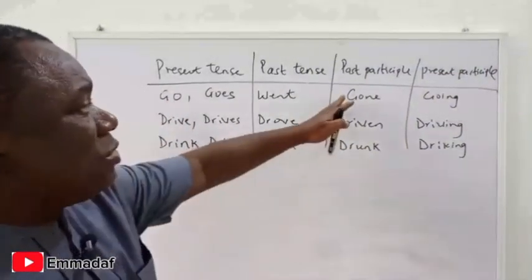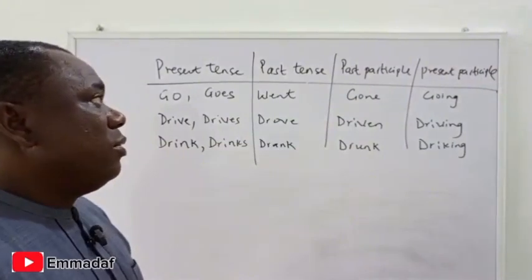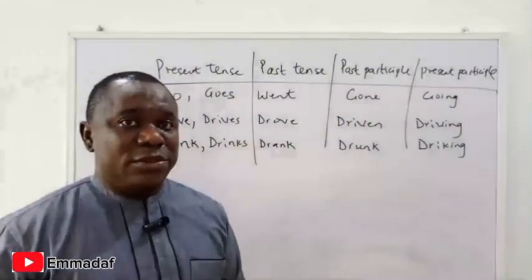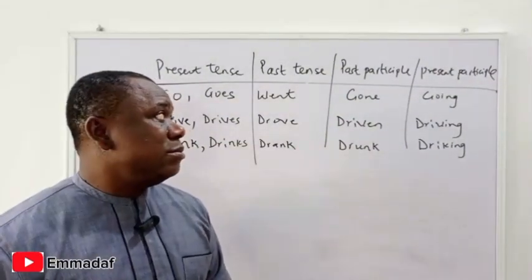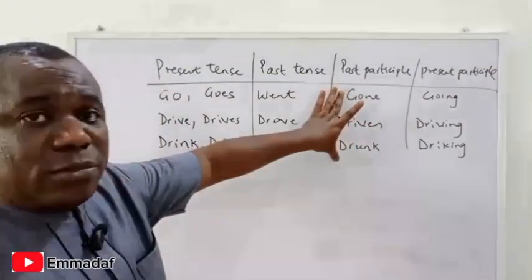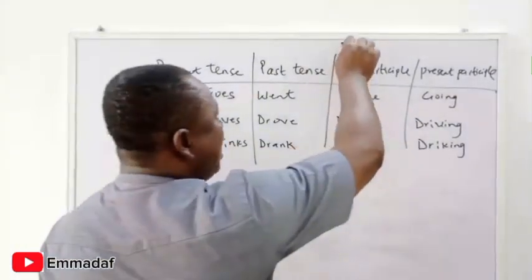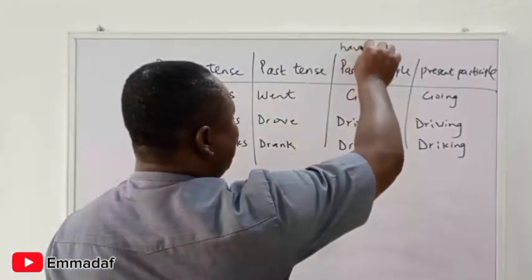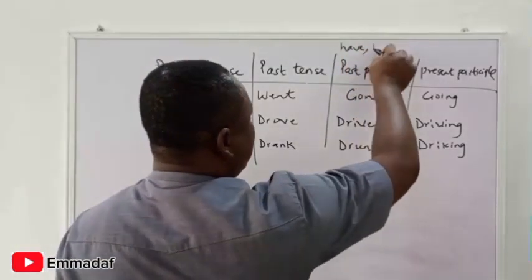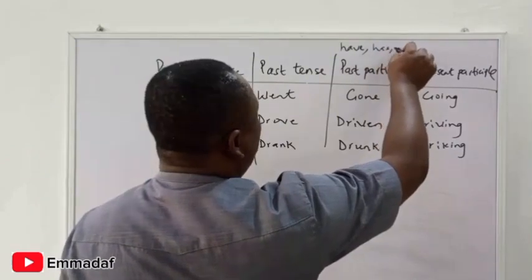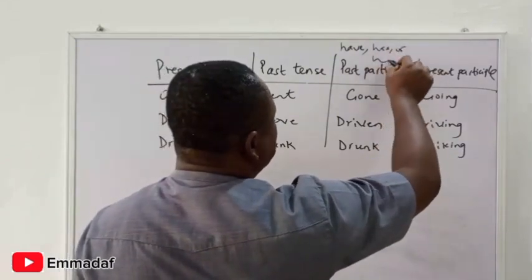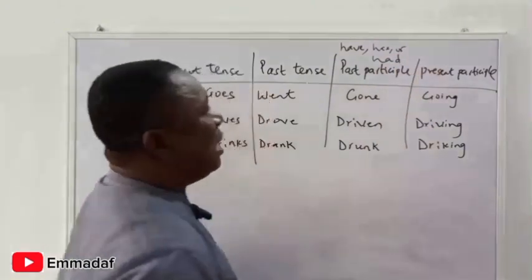Now this is where we have the real challenge, the real problem. This is the form of the verb that you use with the auxiliaries have, has, or had.